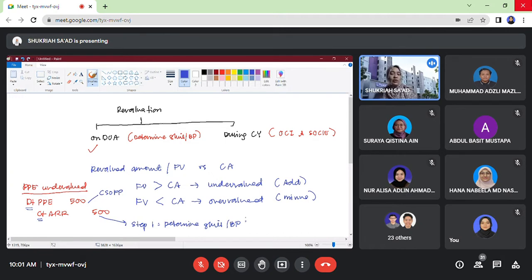Is it on DOA ataupun during the year? Journal entry ni sama je. Kalau during the year pun sama. Debit PPE, credit ARR. Cuma this ARR affected dalam OCI dan juga SOCI. Bukan dekat step number 1. Clear?